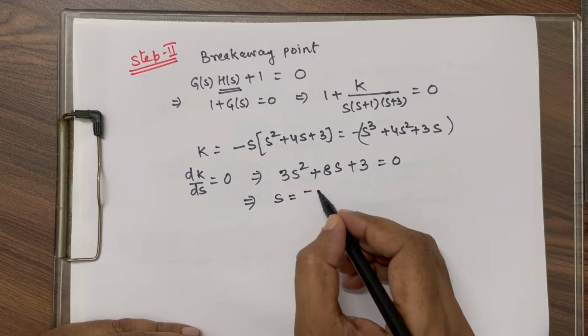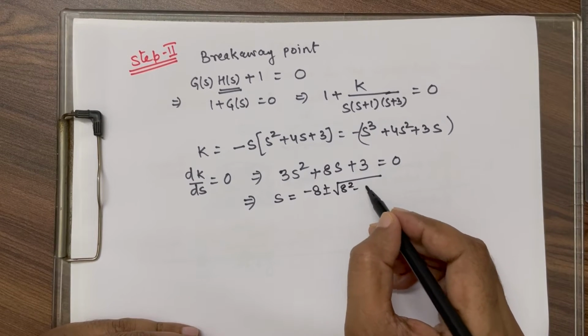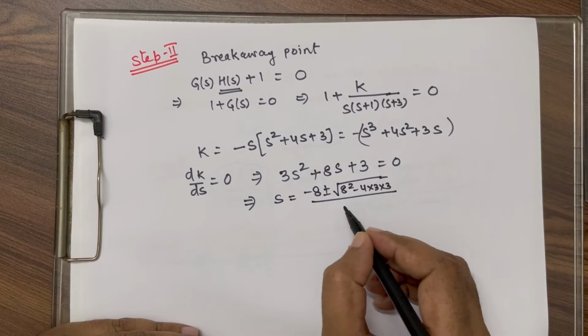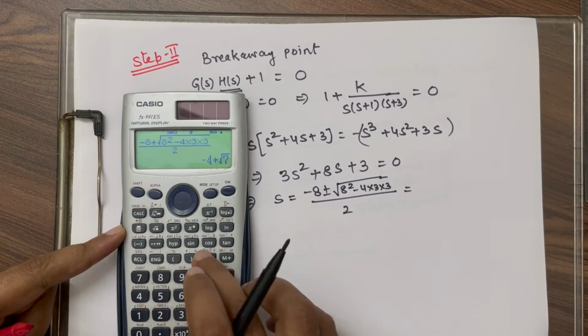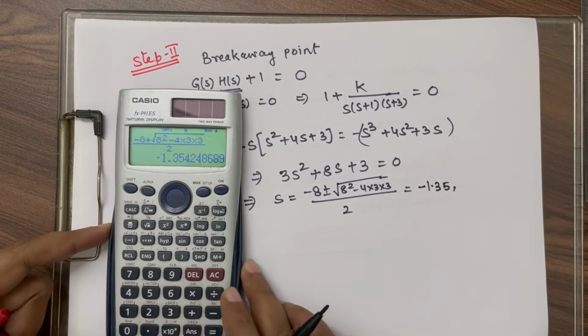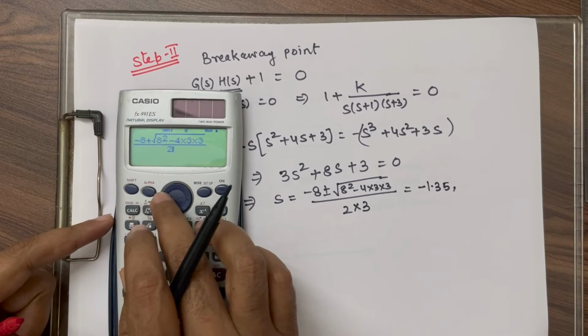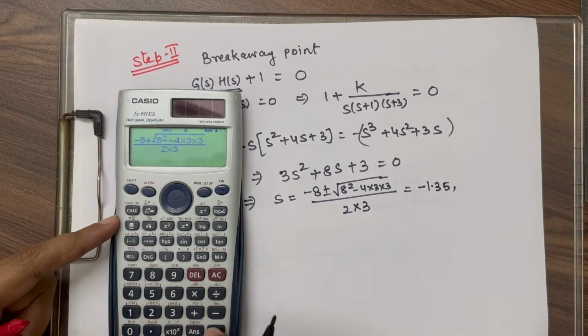It is minus 8 plus or minus root of 8 square minus 4 into 3 into 3, divided by 6. Here we have to take 6 because it is 2a, where a is equal to 3.